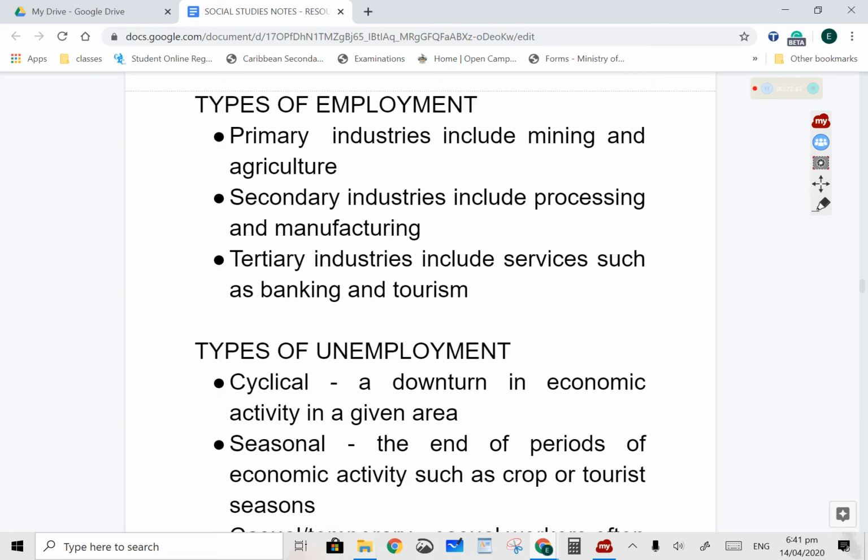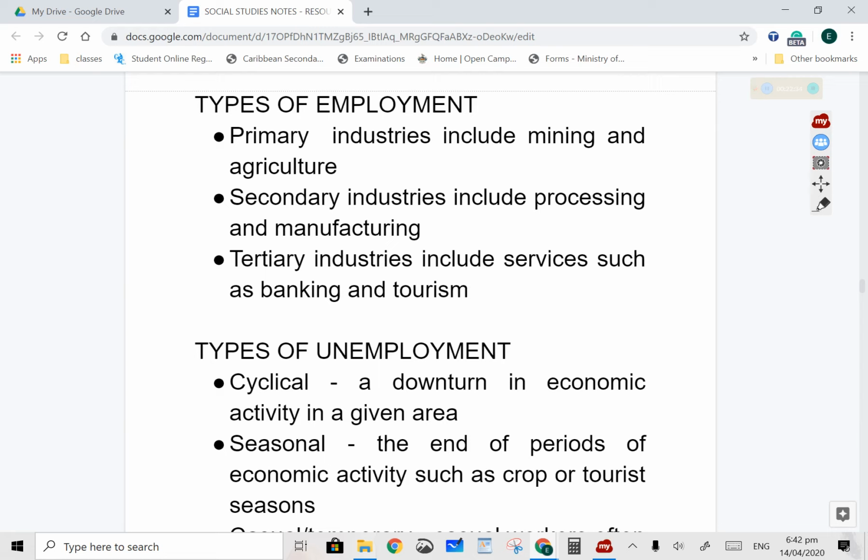So in other words, if somebody catches fish for a living, then that person would be dealing with primary industry. Whereas if somebody is taking the fish and canning it to sell, that will be secondary industry. Okay.